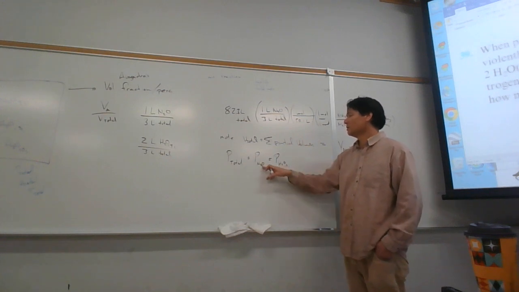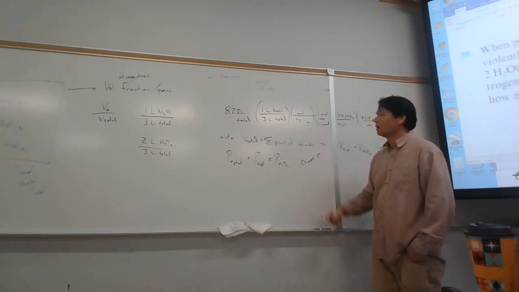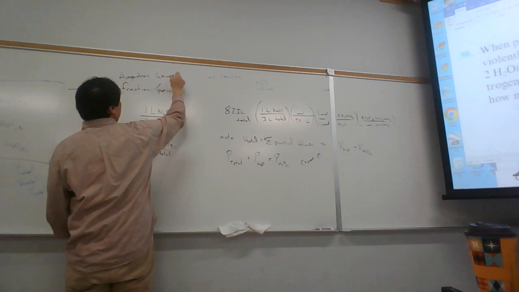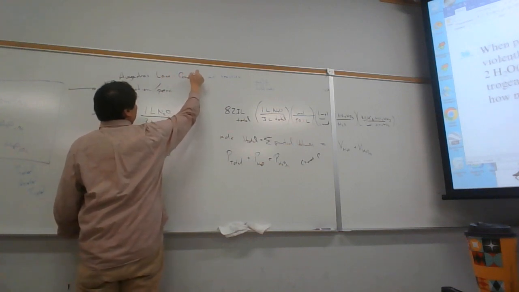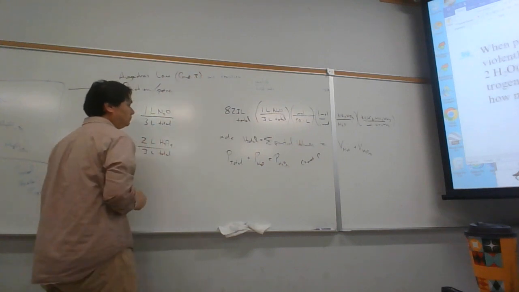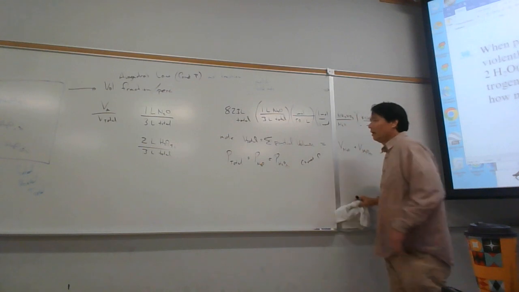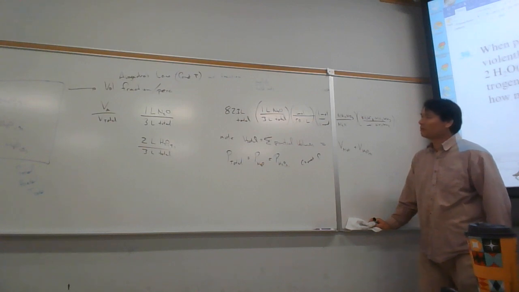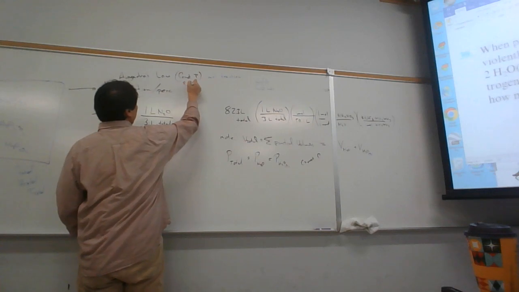Everything has the same pressure, and so we call this constant pressure. And so Avogadro's law is only valid under conditions of constant pressure, whereas mole fraction is valid at any pressure and any temperature.